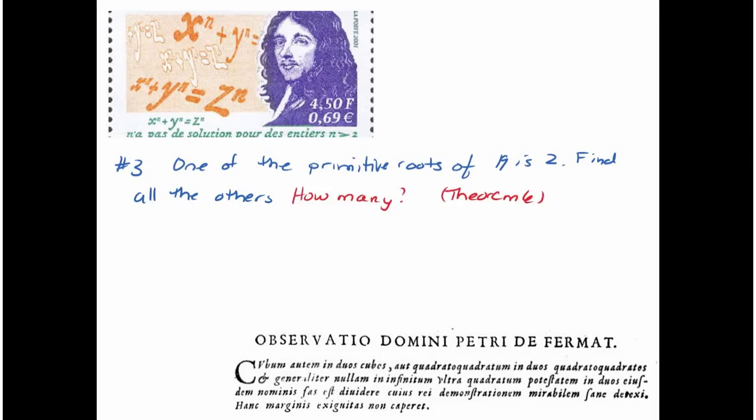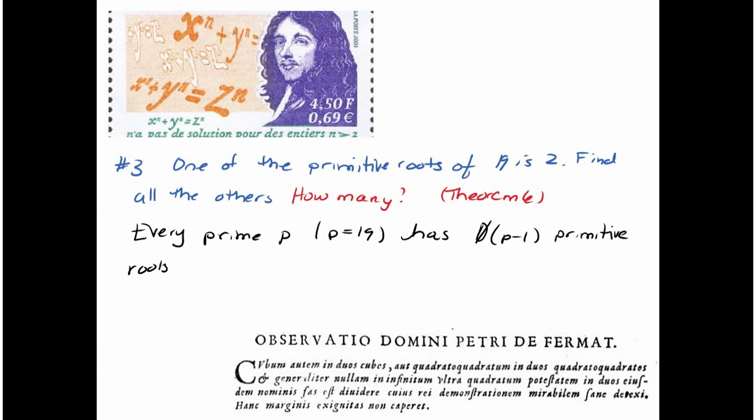Find all the others. Well, the first question I have is how many others are there? Theorem 6 in the book says that every prime p, and in our case p is 19, which is prime, has the totient function of p minus 1 primitive roots. The totient function of 19 minus 1, which is the totient function of 18, is 6. That tells me that there are going to be 6 primitive roots.